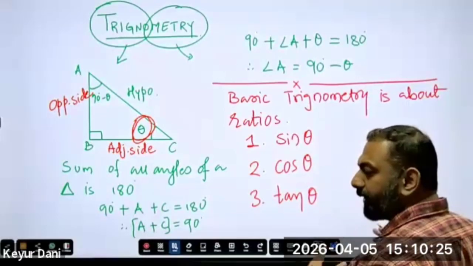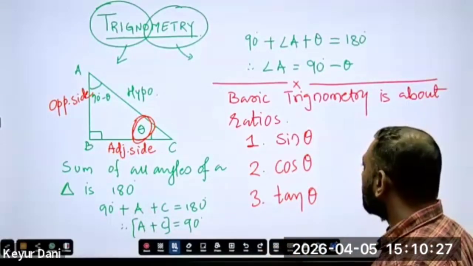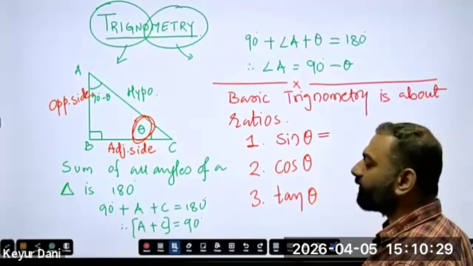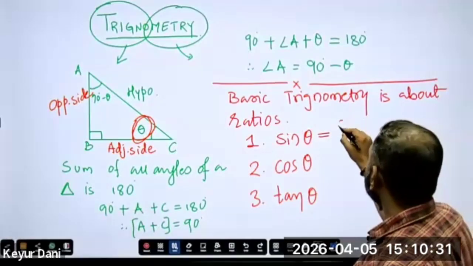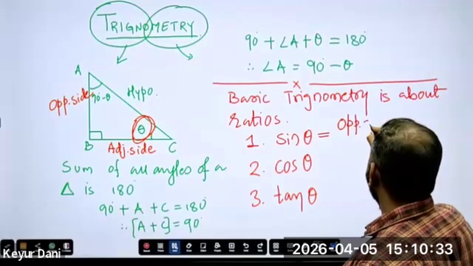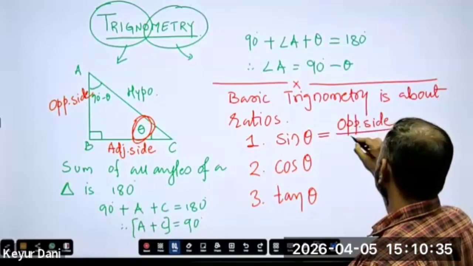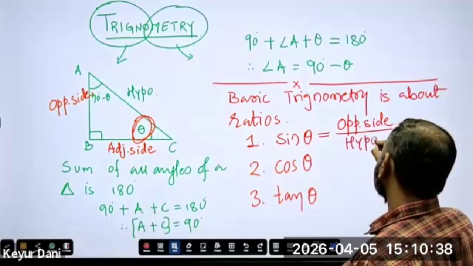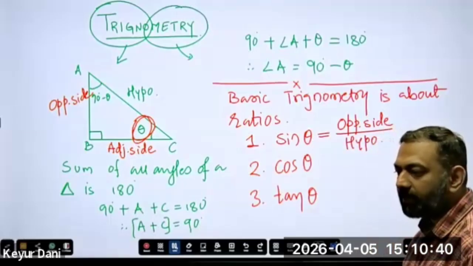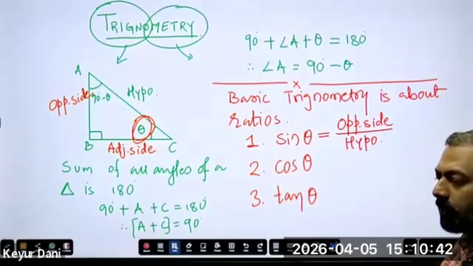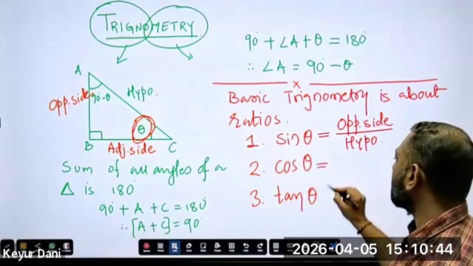Now let us jump into the first trigonometric ratio, which is sine theta. What is the ratio of sine theta? Sine theta is opposite side upon hypotenuse. What is cos theta then?